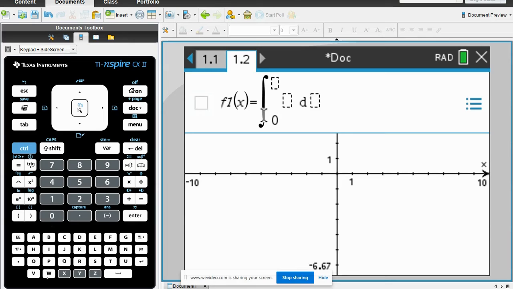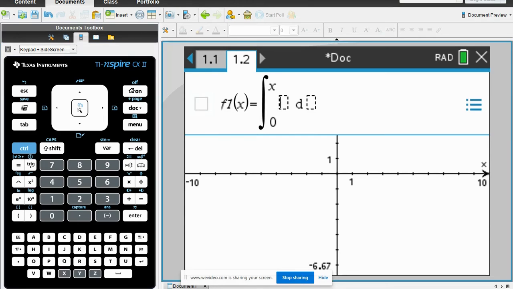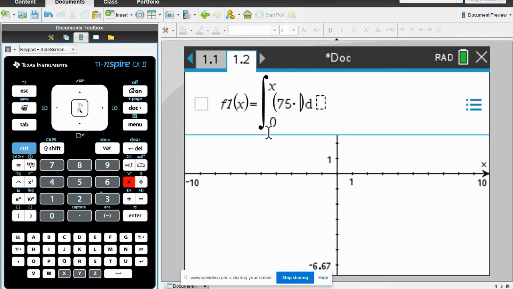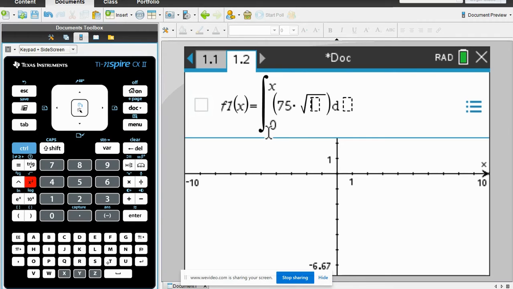So x is my upper limit of, that would be 75 times the square root of t, right? Then minus 3t plus 100, and arrow over and put the t in here, and then kind of stay to the right, minus 30,000.